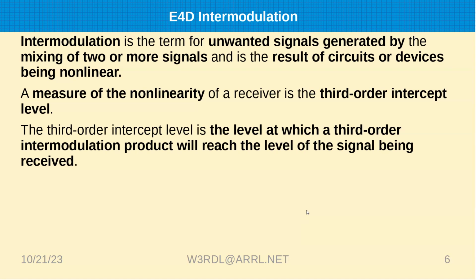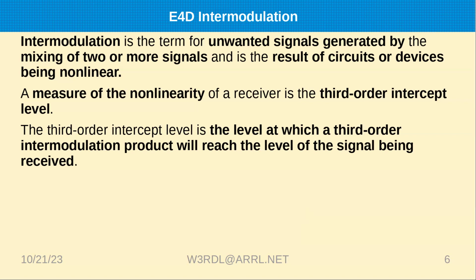And the third order, in the linear region, for every dB you increase the gain, your input signal is going to increase by 1 dB. At the same time, the third order signal is going to increase by 3 dB for every dB.